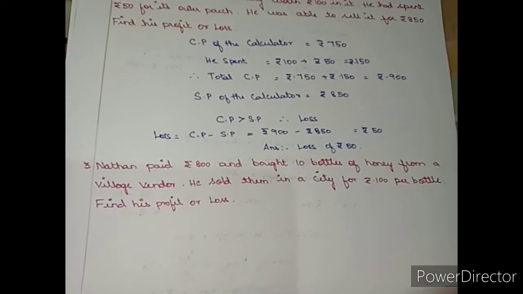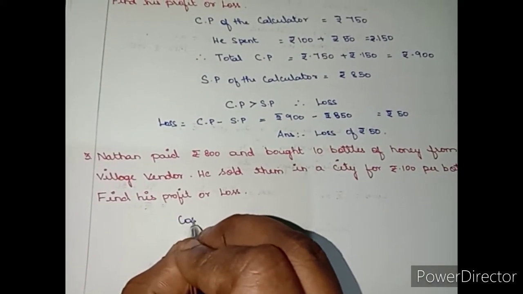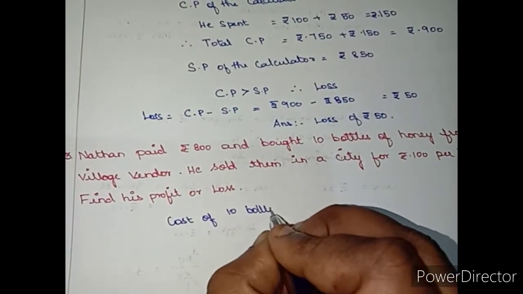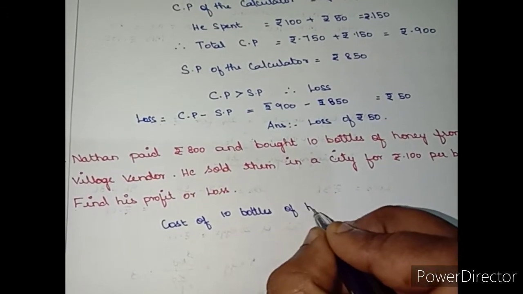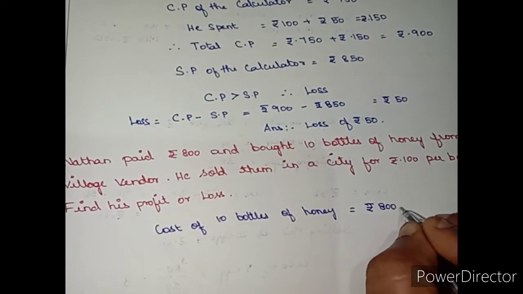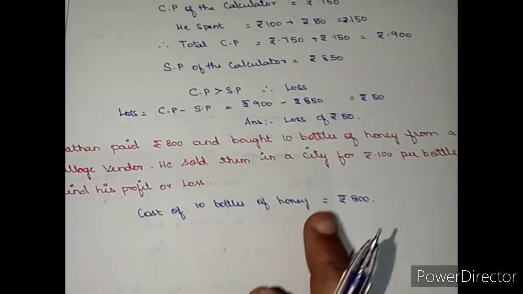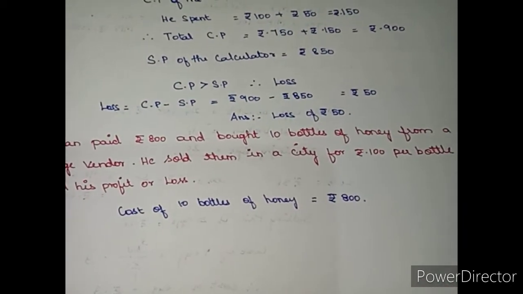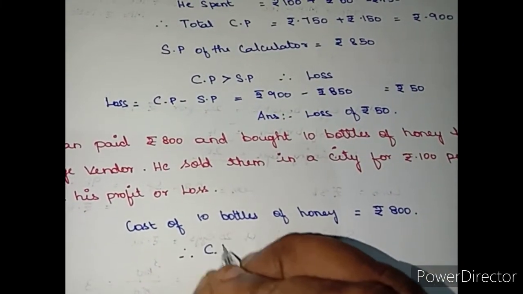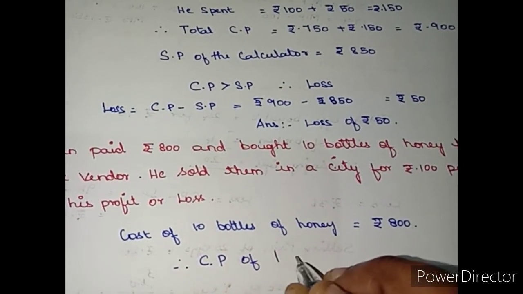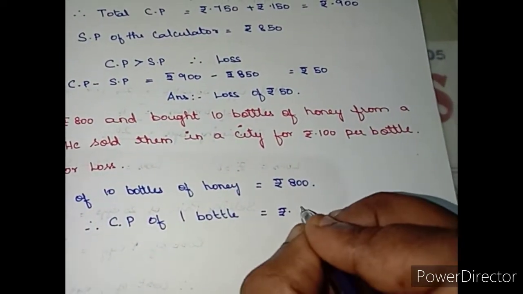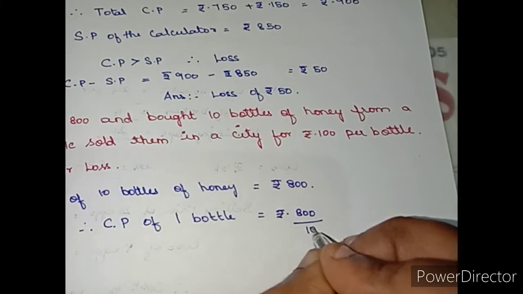So cost of 10 bottles of honey is rupees 800. First we should find the cost of one bottle. Therefore, CP of one bottle is equal to rupees 800 divided by 10 bottles.